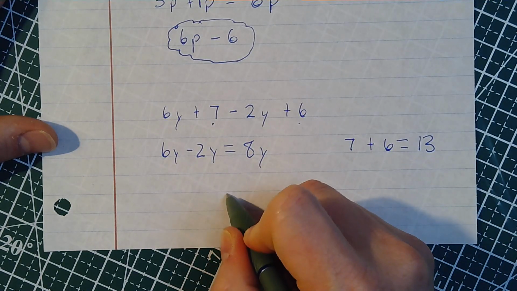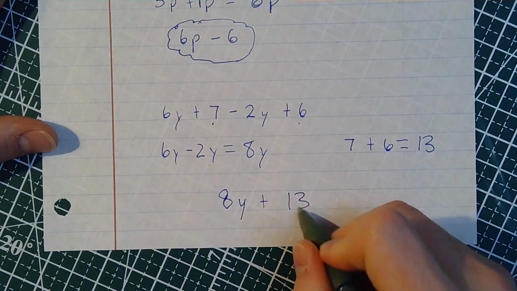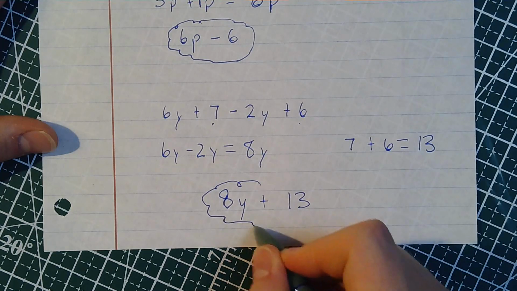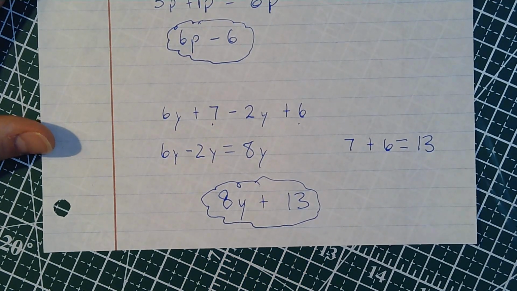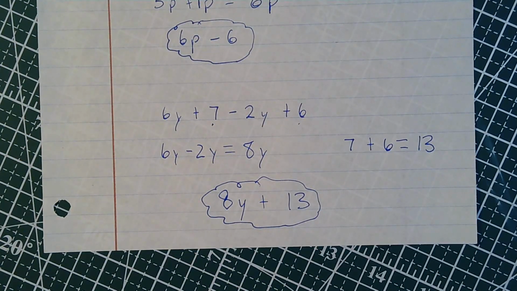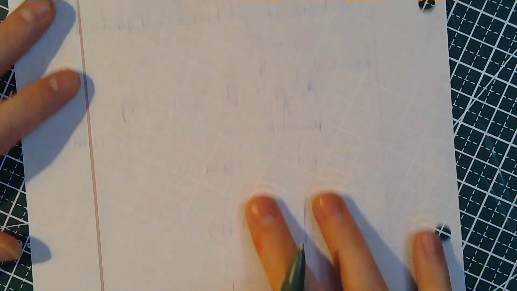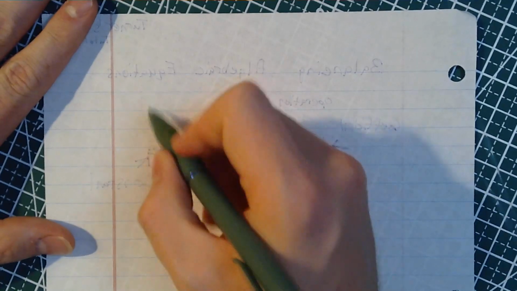So I'm going to have 8y plus 13. And that is our answer. We are not necessarily balancing just yet. We are simplifying.